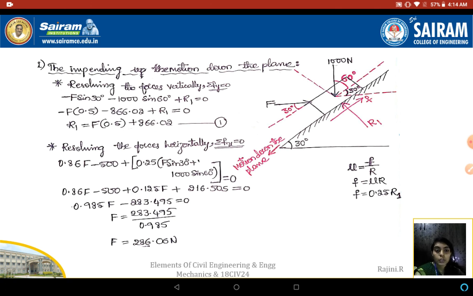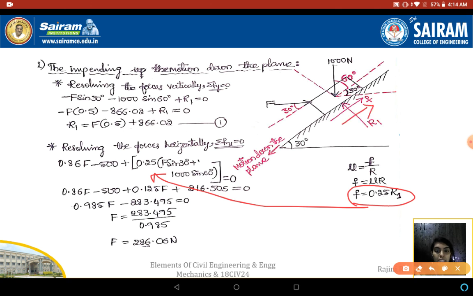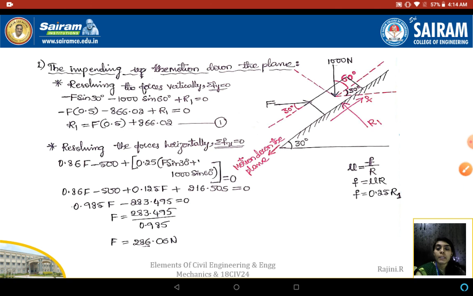As I told, here I'm directly taking the friction as plus F, with the R1 value, the same value that we got.